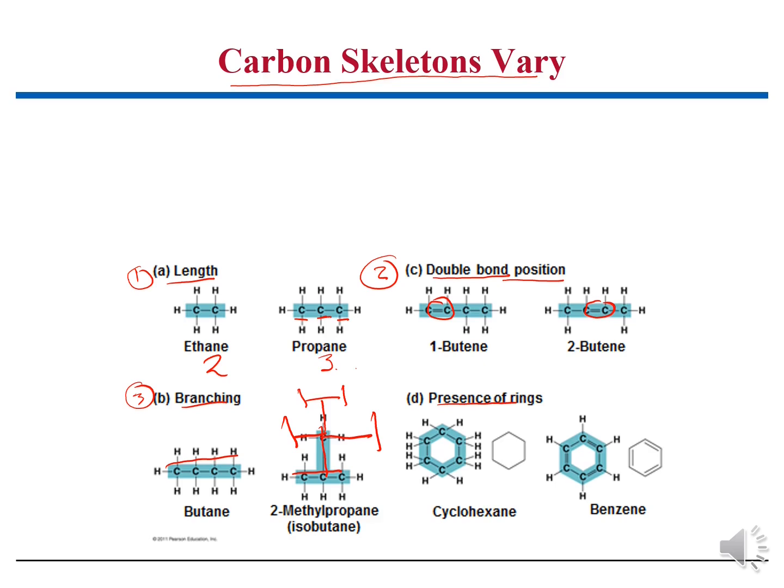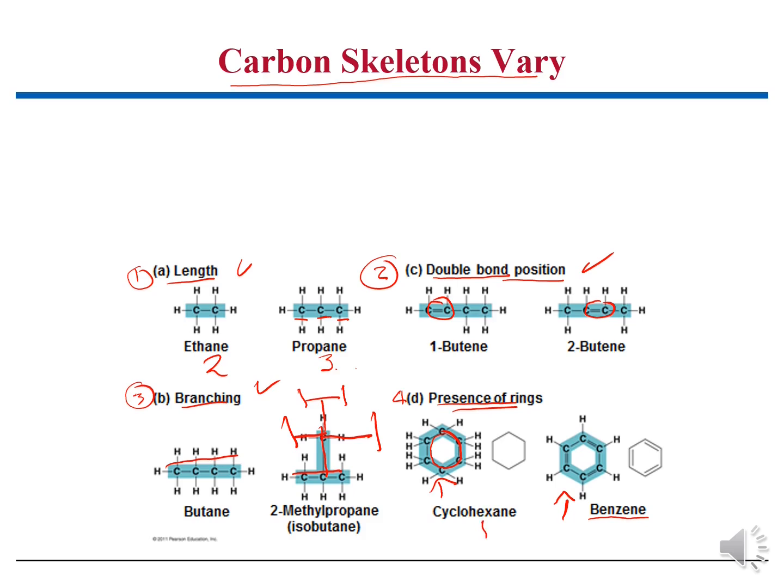So remember, length, double bond position, branching, and the presence of rings is the last one. So for example, here you can see this ring, all these carbon atoms are attached to each other, and this one in particular is toxic.